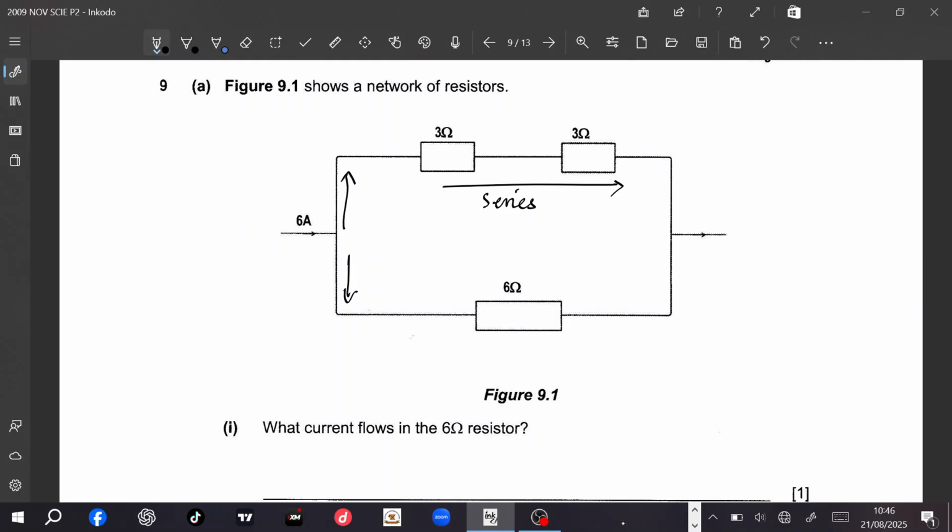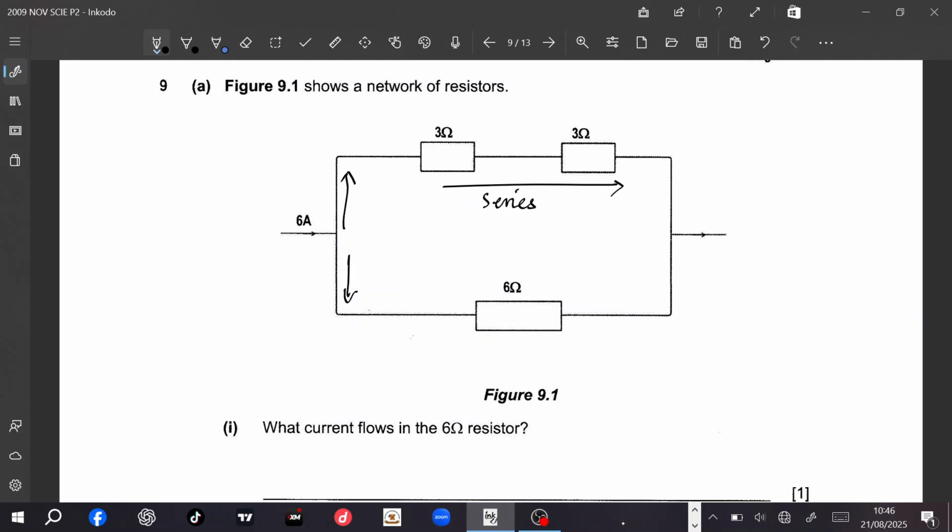Why? Because these two on top are in their own branch, and this one down here is in its own branch. When they come here, they meet again and it continues in one path.